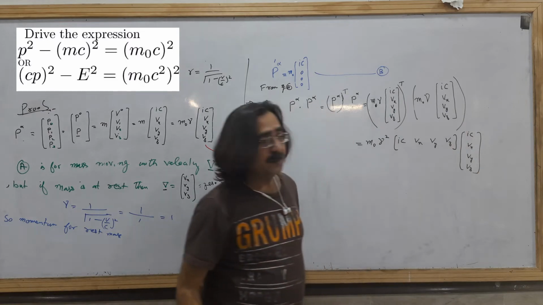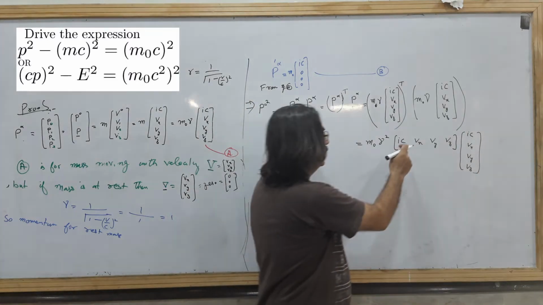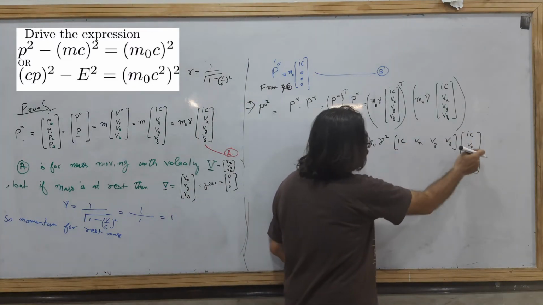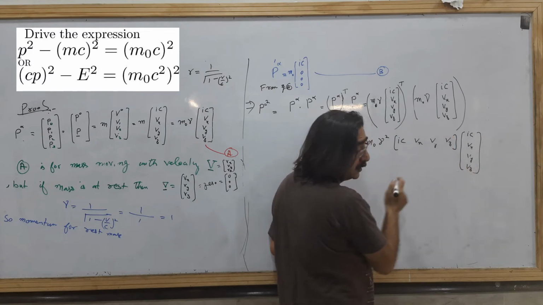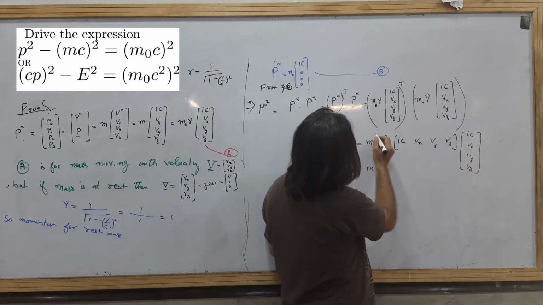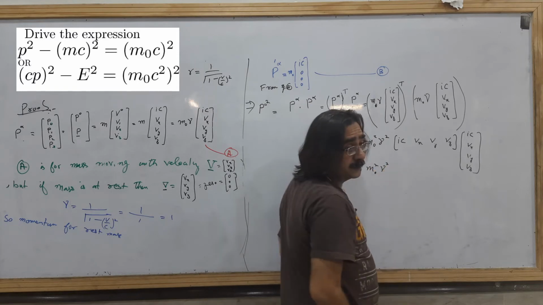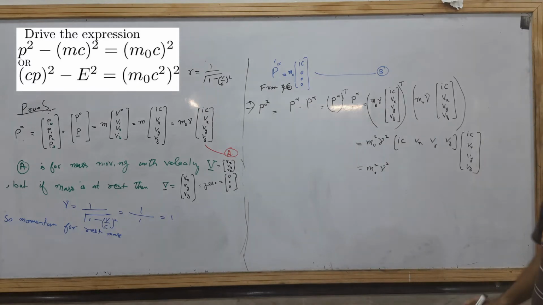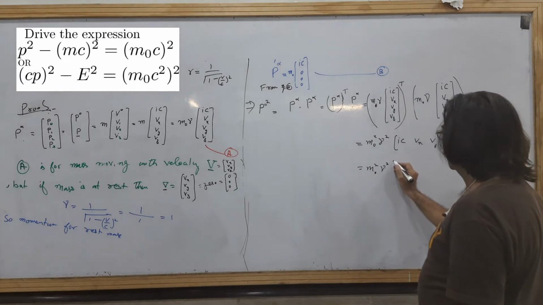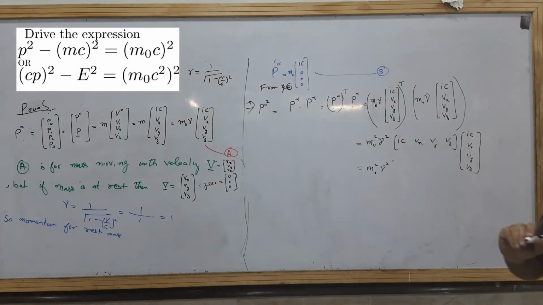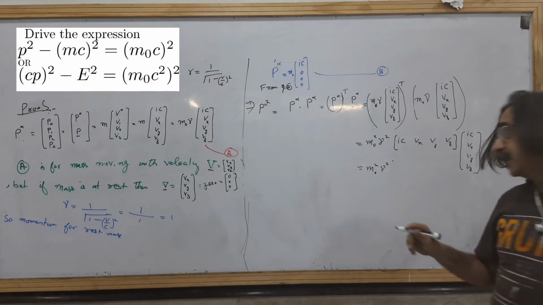When we multiply row with column, this will be multiplied with this, and this with this, and so this will become m naught square gamma square.